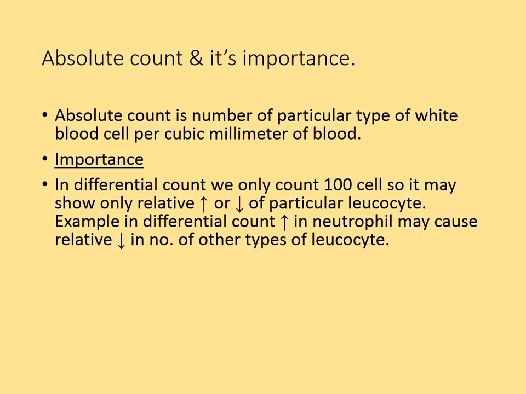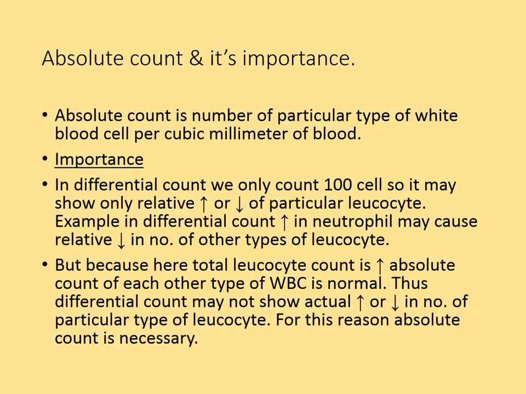Example, in differential count, increase in neutrophils may cause relative decrease in number of other types of leukocytes. But because here total leukocyte count increases, the absolute count of each other type of leukocyte is normal. Thus, differential count may not show actual increase or decrease in the number of a particular type of leukocyte. For this reason, absolute count is necessary.